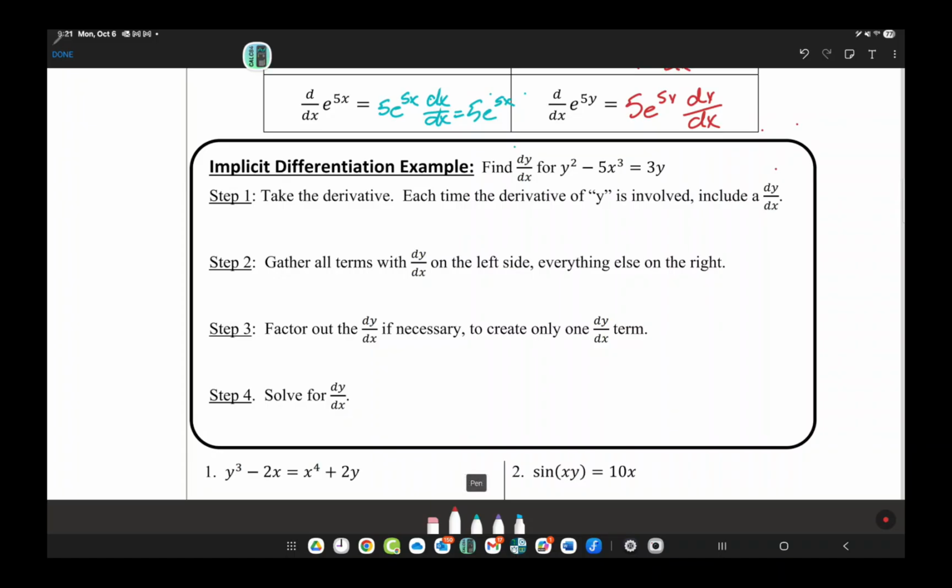So here are your steps. First, take the derivative, and anytime we take the derivative of y, we include a dy dx. So if we take the derivative of y squared, we get 2y dy dx minus 15x squared is equal to 3 dy dx.